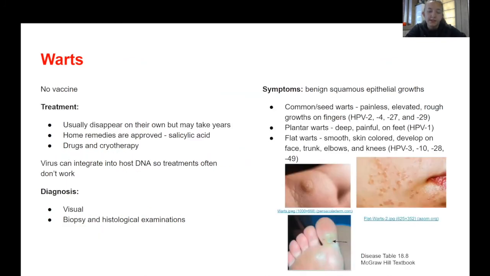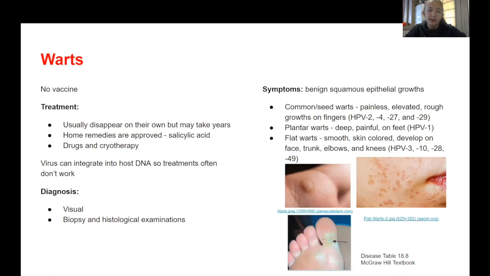So there's no vaccine for warts, and there aren't any highly beneficial treatments, but warts tend to go away on their own, but it just might take a long time. Doctors do approve home remedies for warts, and a common one is the use of salicylic acid.